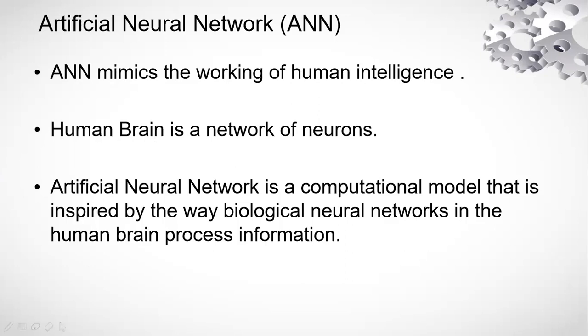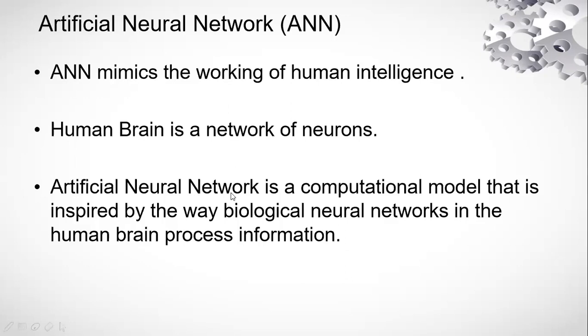Basically, the human brain is a network of neurons, and we are also going to create an artificial neural network, which is also a network of certain elements, or we would say a combination of neurons which are artificial, not natural. So I can say that the human brain is a network of neurons, while an artificial neural network is a network of artificial neurons, right?